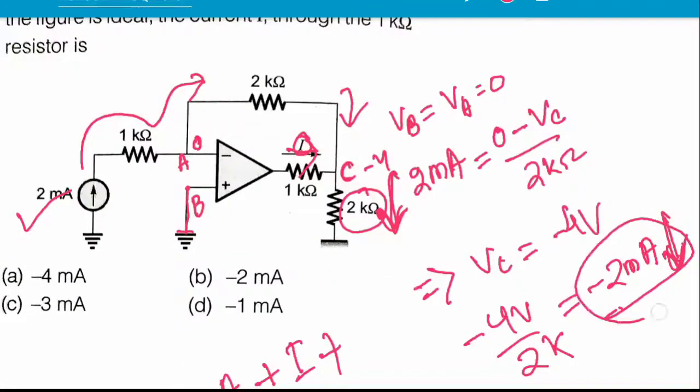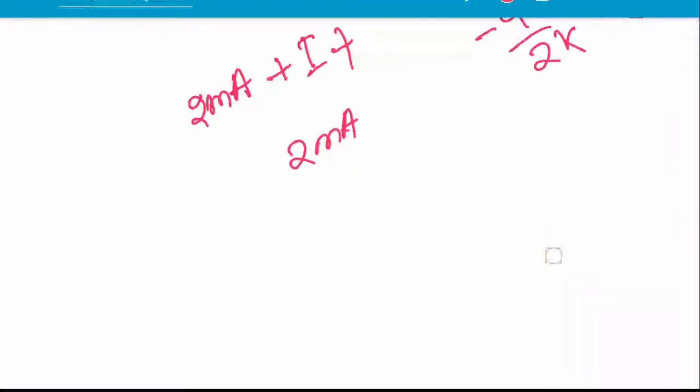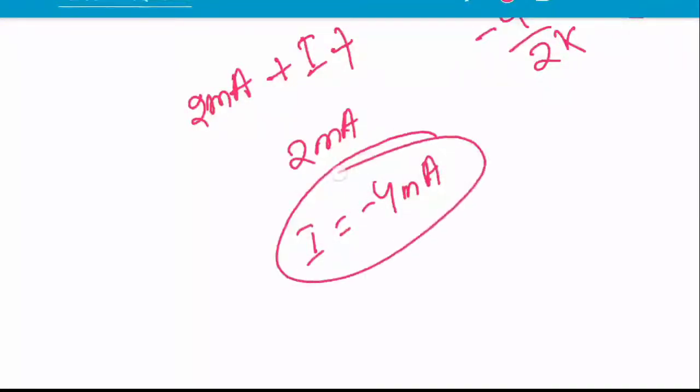I have found minus 2 milliampere downward, so upward will be 2 milliampere. So I is coming to be minus 4 milliampere, which is option number A.